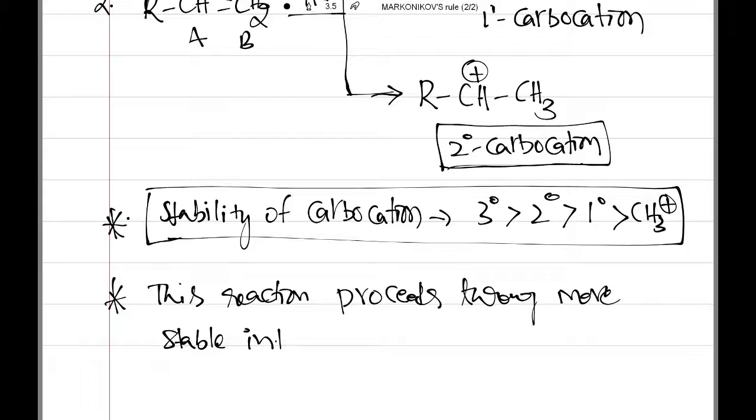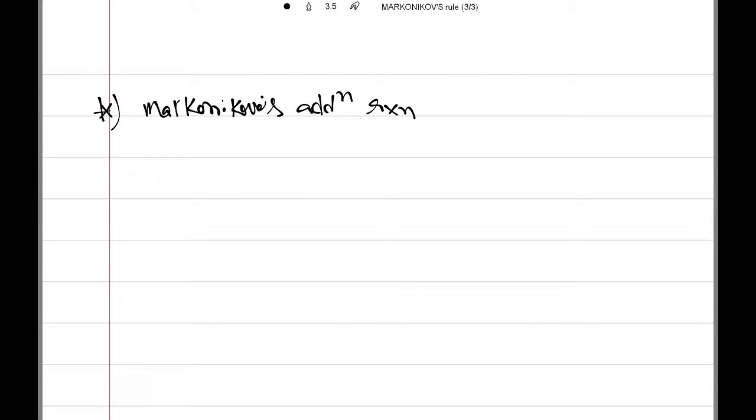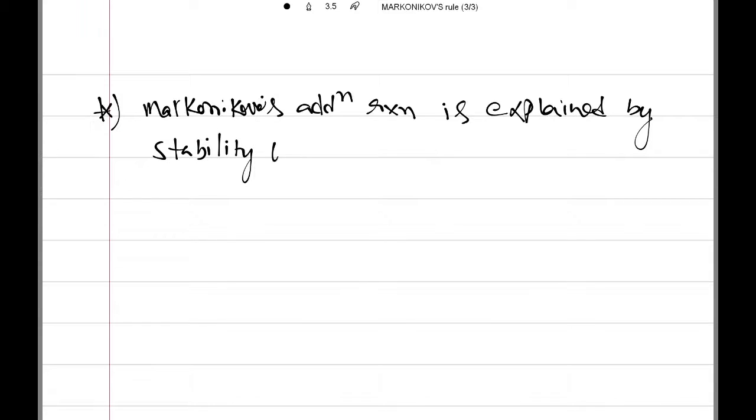Also we can say one more point here: the Markovnikov addition reaction is explained by the stability of the carbocation.